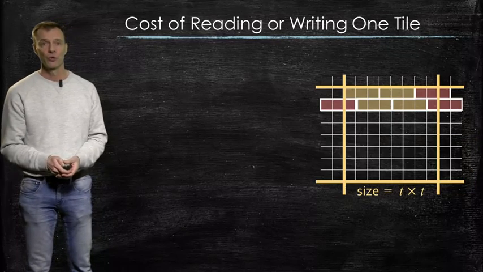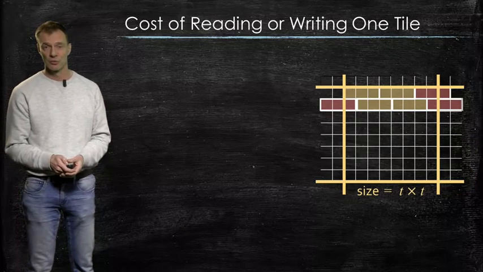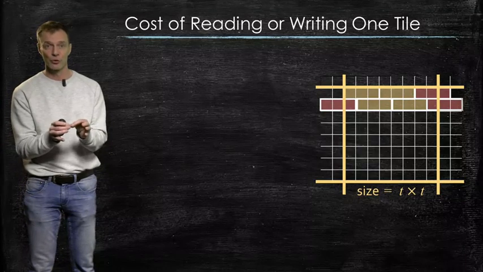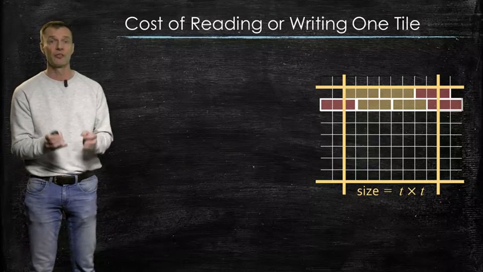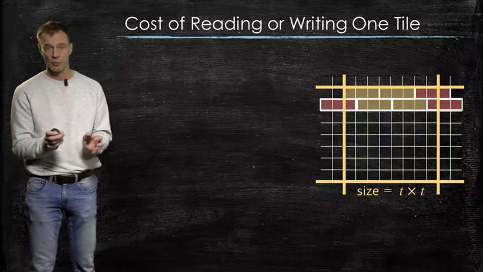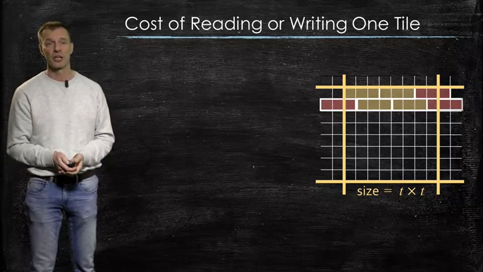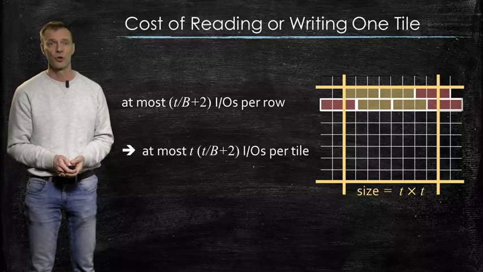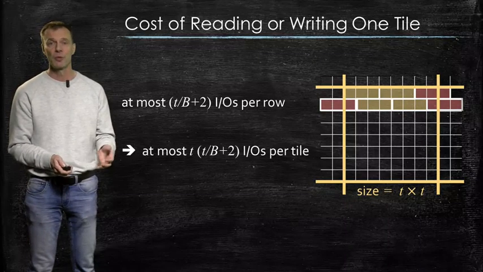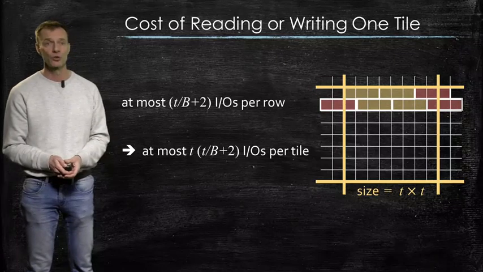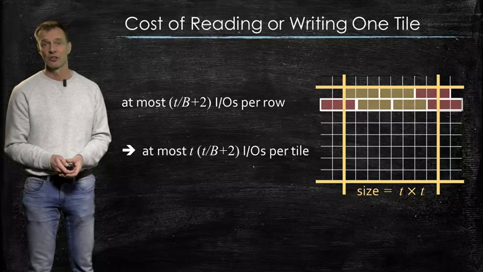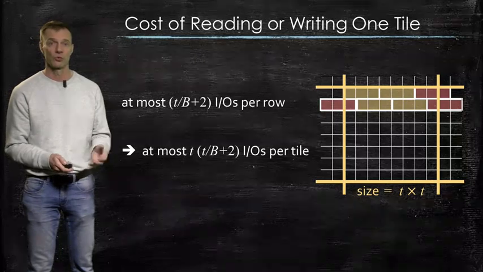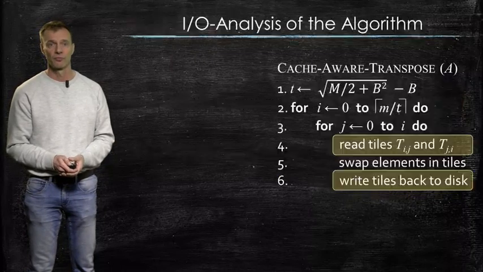Well, per row, you would normally say if the row has length t, you need t divided by b IOs, but because of these 2 blocks that might be sticking out, you will need at most t divided by b plus 2 IOs. So that's per row. So per tile, I simply multiply by the number of rows, t, and I get the number of IOs to read or write one tile.